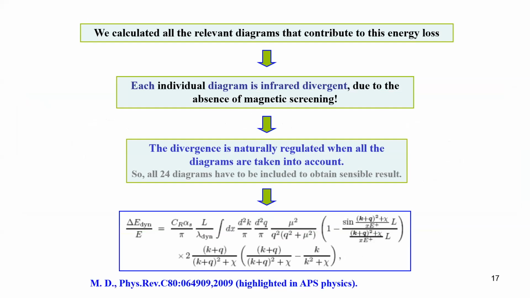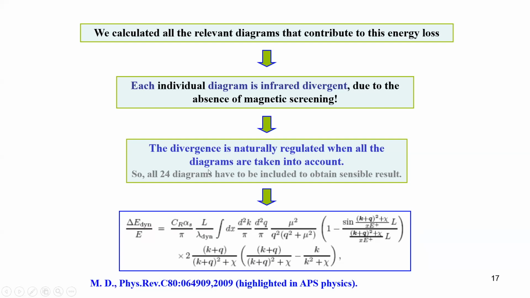So what we did is we calculated all the relevant diagrams that contribute to this energy loss along the lines that I explained in the previous slide. It should be noted that each individual diagram is infrared divergent due to the absence of magnetic screening. But what is very interesting is that this divergence is naturally regulated when all the diagrams are taken into account.